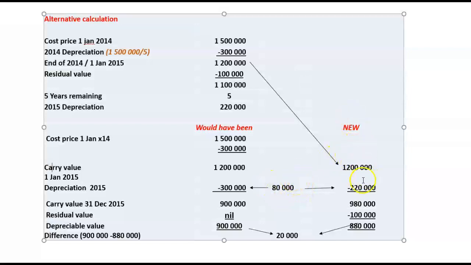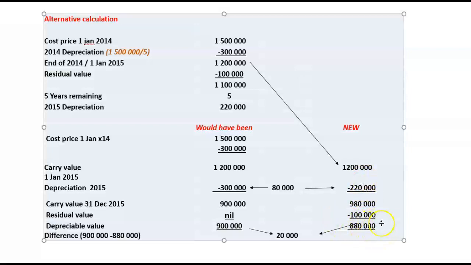In the future, as from the end of the financial year, the carrying value of this asset is going to be 980,000. We're only going to depreciate it up to the estimated residual value of 100,000. So therefore, in the future, under the new method, we're going to write off 880,000 Rand worth of depreciation.